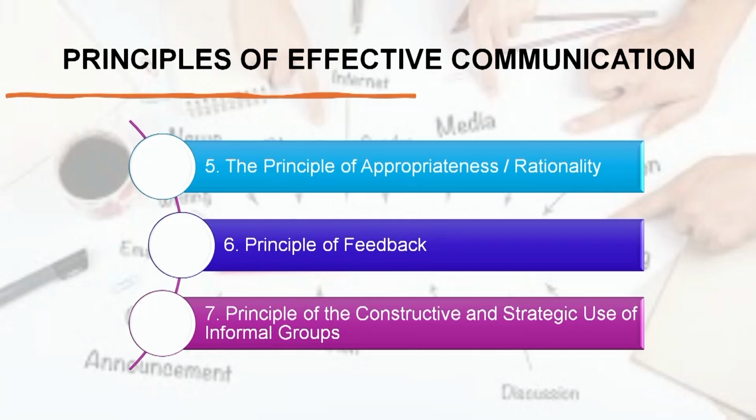The management thus must not hesitate in making constructive and strategic use of informal groups for ensuring and facilitating speedier communication in emergency situations. Such use of informal groups would also help to develop good human relations by upgrading the status of informal groups and their leaders. So that is why we say this.